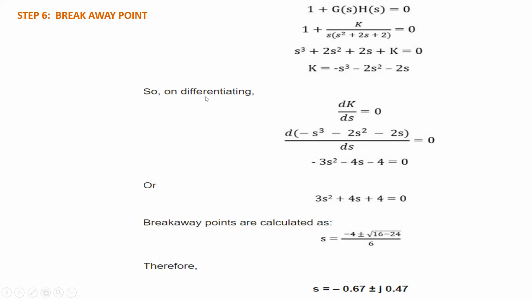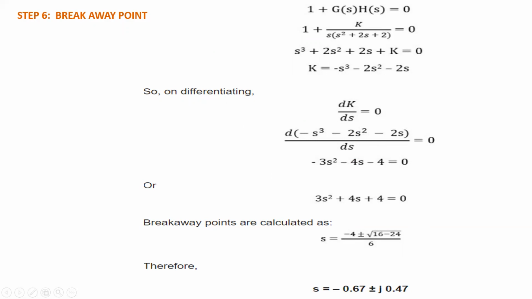On differentiating with respect to s, we have a quadratic equation in s. If we solve this, the roots of this quadratic equation are minus 0.67 and plus minus j 0.47. These are complex roots, which states that there cannot be multiple breakaway points as per our pole-zero concept.